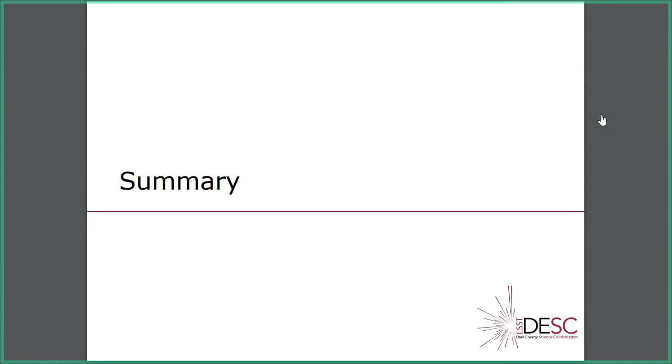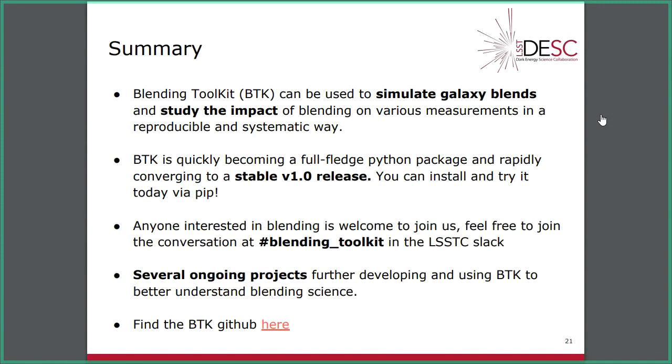So just to close, the blending toolkit can be used to simulate galaxy blends and study the impact of blending on various measurements in a reproducible and systematic way. BTK is quickly becoming a full-fledged Python package and is rapidly converging to a stable version 1.0 release. You can install it and try it today via the slide that I showed earlier. If you have any interest in blending and simulations of blends or anything related, feel free to join our conversation in the LSST Slack.